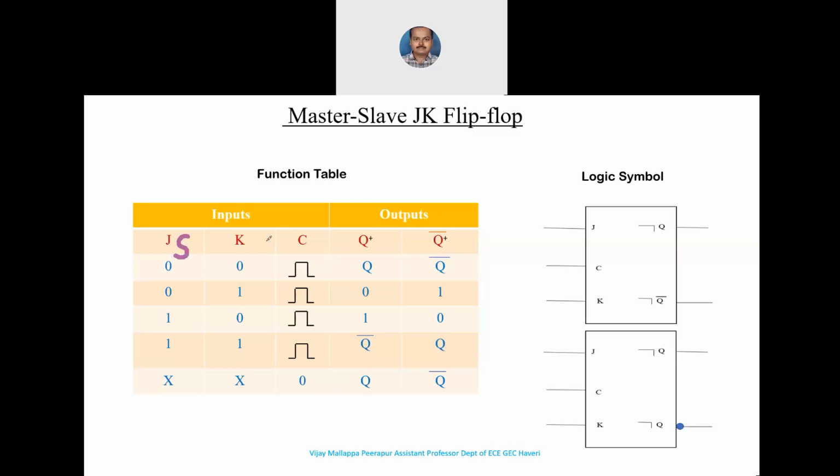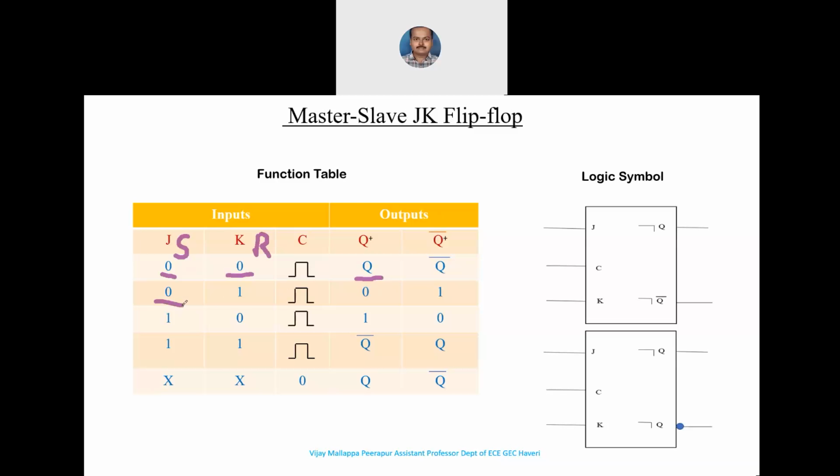This is nothing but S, and this is nothing but R here. When J and K are 0, 0, the next state is equal to the previous state. If the previous state is 0, the next state is also 0. If the previous state is 1, the next state is 1 here.